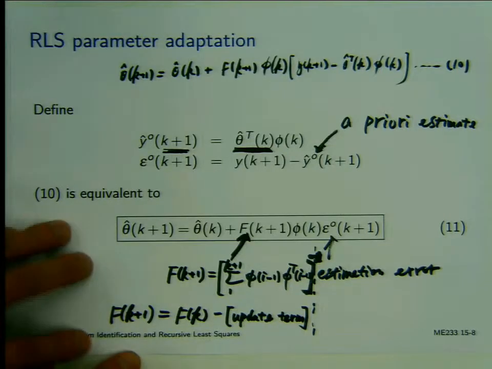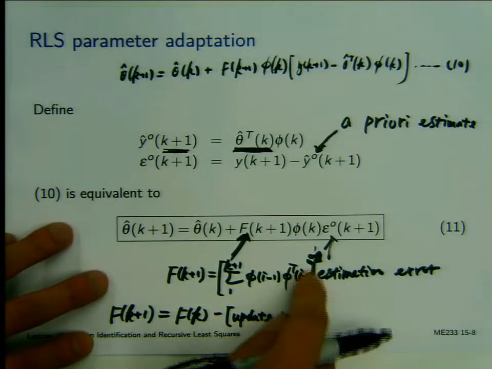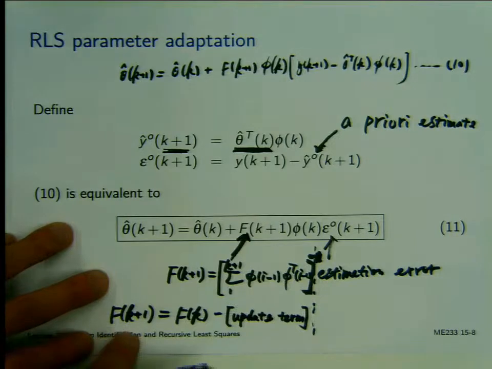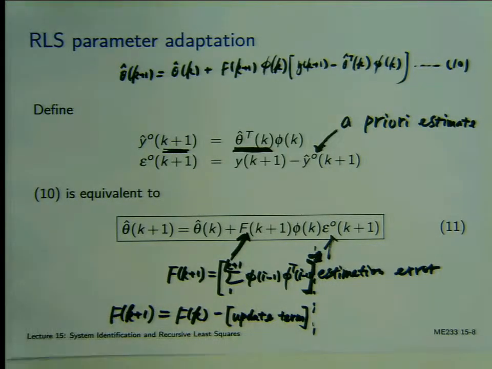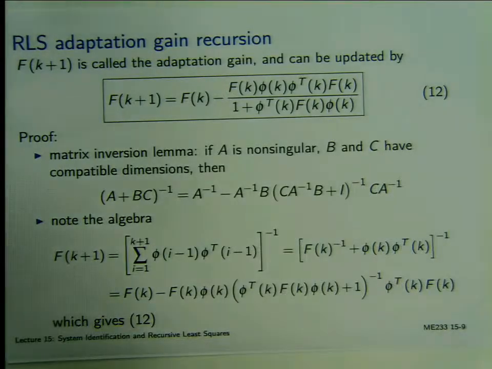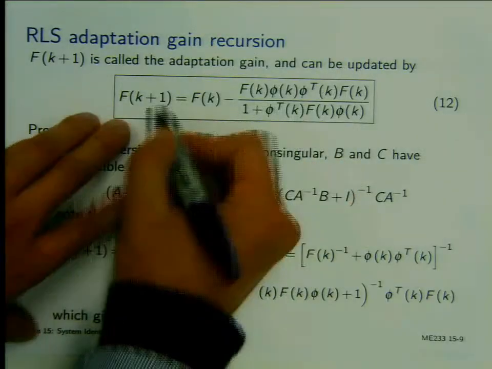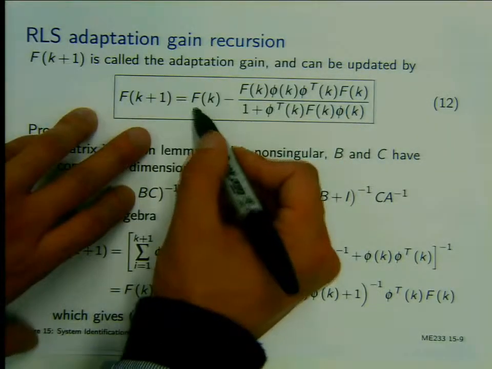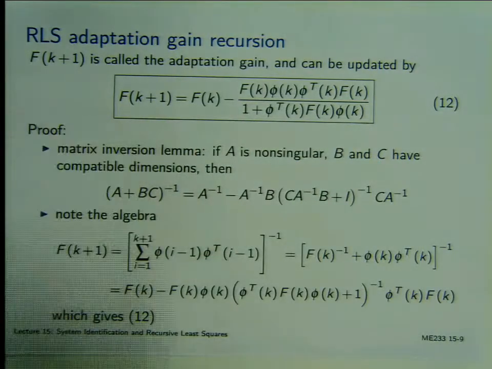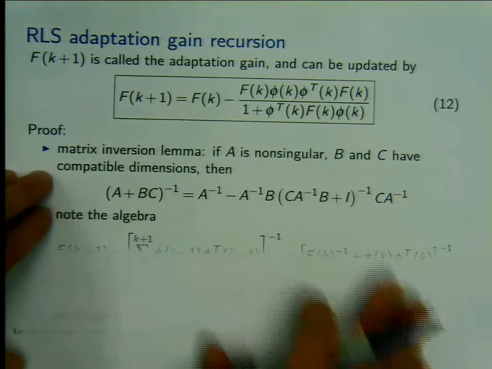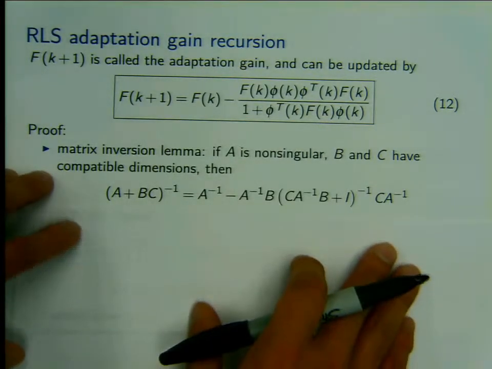In the next slide, I'm going to show you that indeed we don't have to do this matrix inversion. We can do this by an iterative formula as follows. That's the main goal of this slide. Okay, so it turns out F_{k+1} is going to be equal to F_k minus this update part over here.